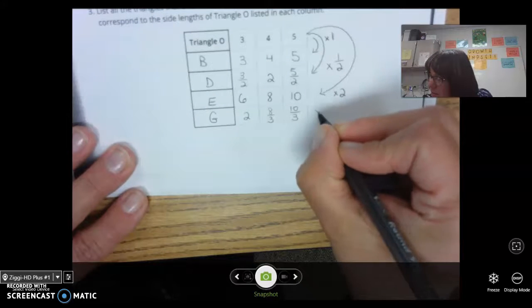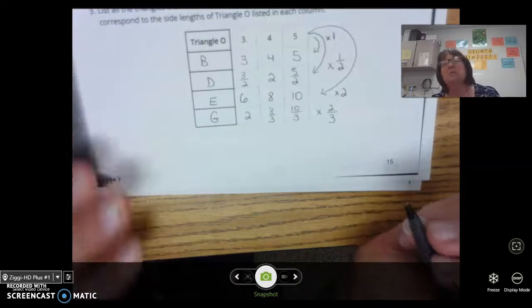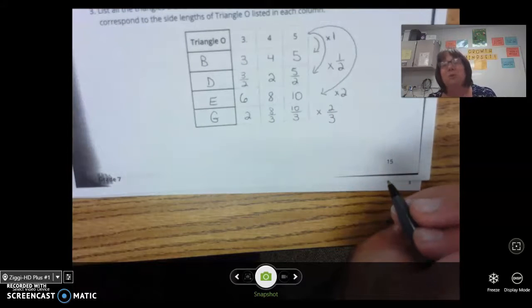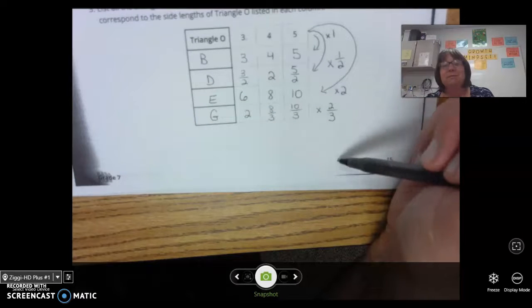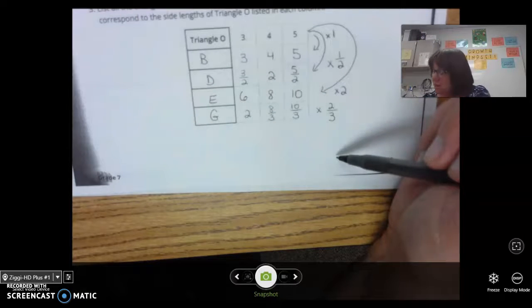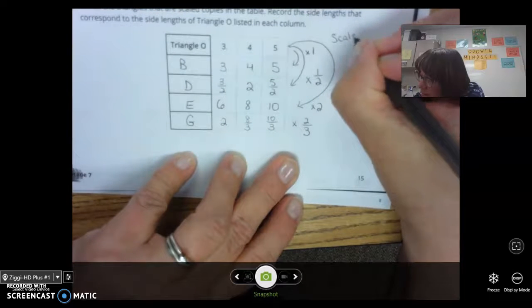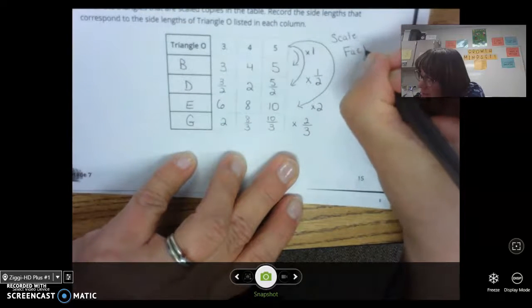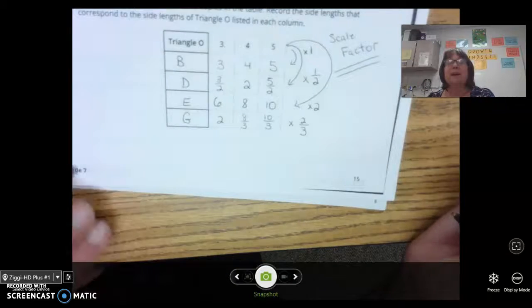It's a little harder to figure out, but you're multiplying by 2/3. It's 2/3 times bigger. So what do we call this number? This is our scale factor. Scale factor. It's how many times bigger the second object is.